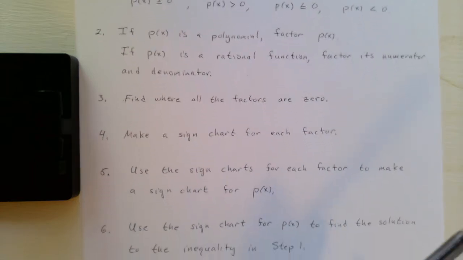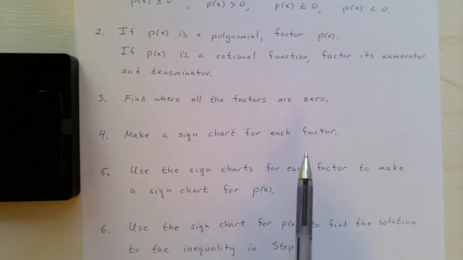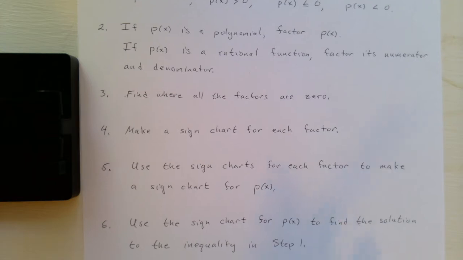Then you're going to make a sign chart for each factor, which is what we did before. These are going to be factors like x minus 3, 5 minus x, x minus 1 raised to the second power. So making a sign chart for each factor won't be too bad. It'll change at most once.